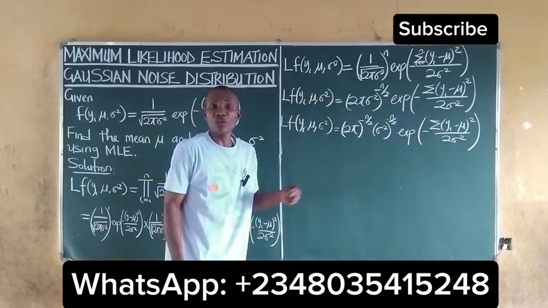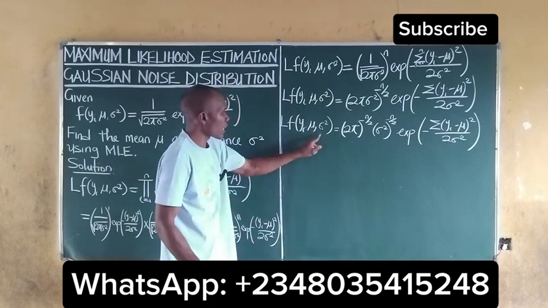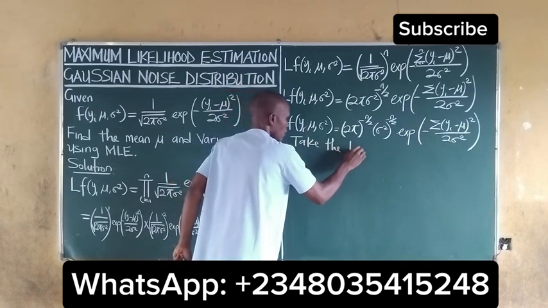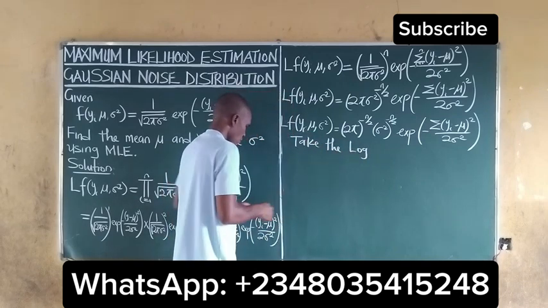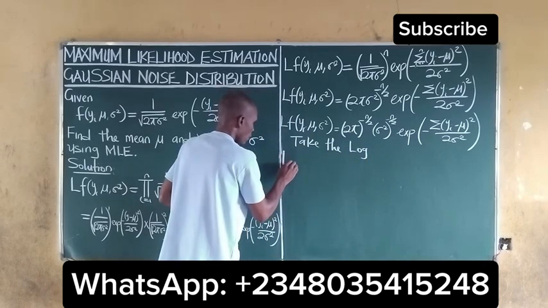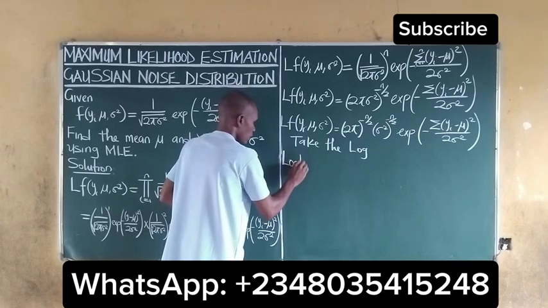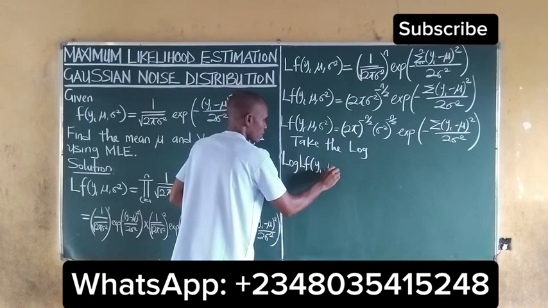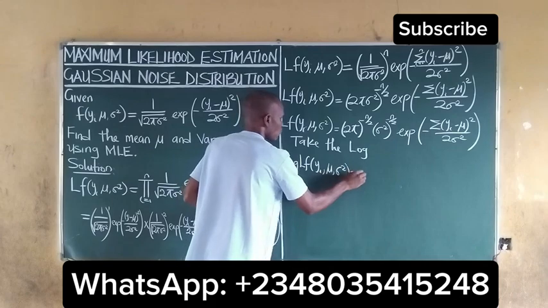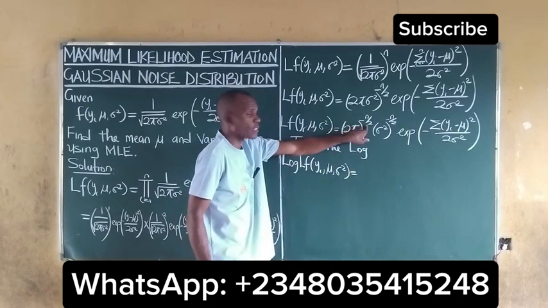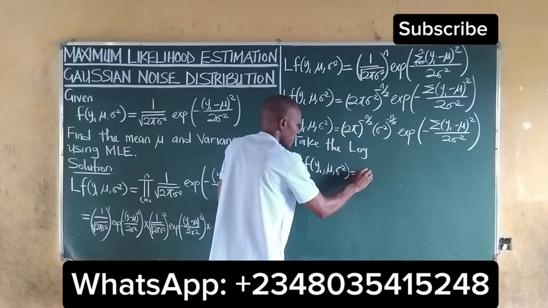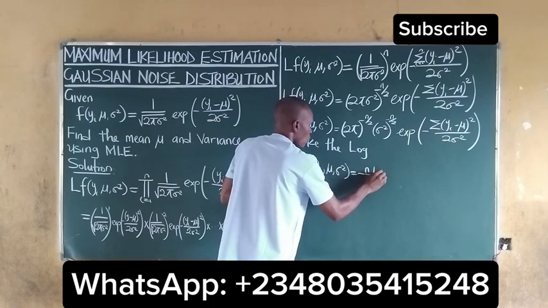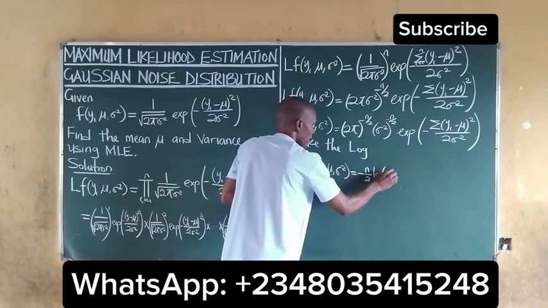Now, it is very easy for us to take the log. If we take the log, we get the log of the likelihood function of yi, mu and sigma squared will be equal to, the exponent will come over here to give us negative n all over 2 log 2 pi.